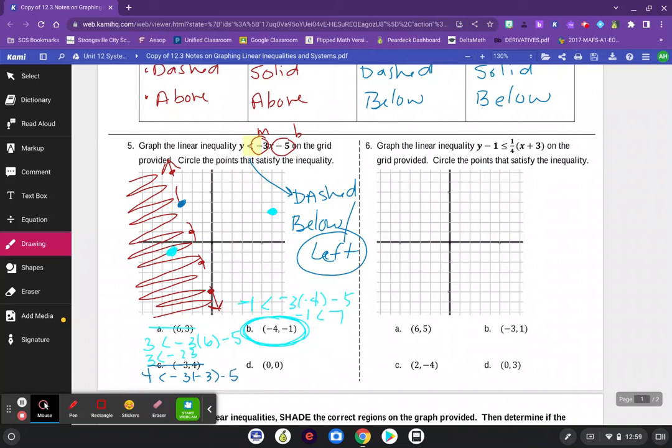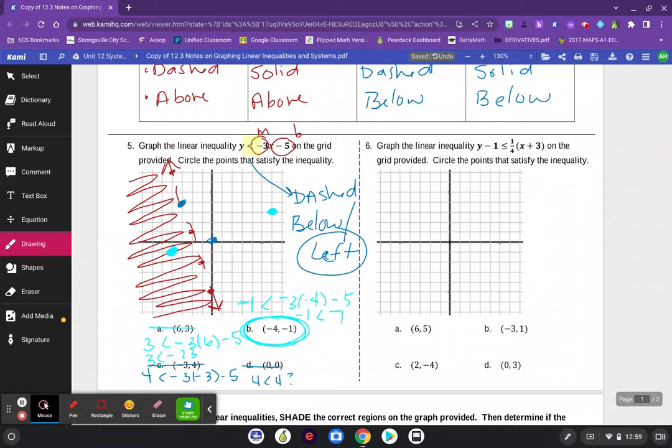Well, -3 times -3 is 9. 9 minus 5 is 4. So is 4 less than 4? No, 4 can't be less than itself. If there were an equal bar here, then yeah, that would be a solution. But there's not an equal bar here. 4 is not less than 4. So if it's on a dashed line, then it is not a solution. All right, here's the point (0, 0). That is not in the shaded region, and so that is not a solution either.